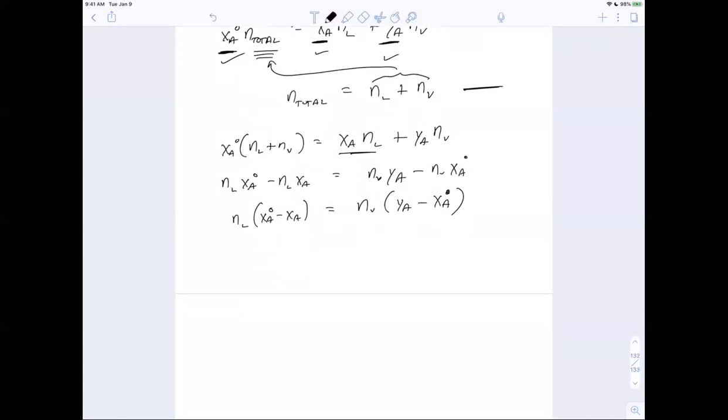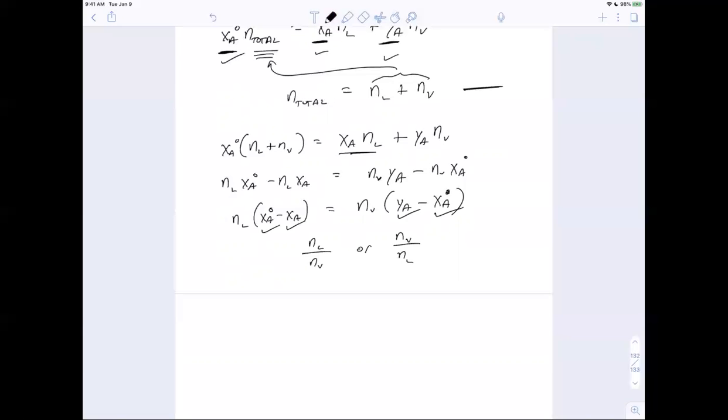And so now we can choose to either get N sub L over N sub V, or it doesn't really matter, N sub V over N sub L. We can divide either side by one of the N's. So we can get a ratio of the moles of liquid to vapor. Okay, that's what this allows us to do. Again, this is known from the phase diagram, this is known from the phase diagram, and this is known as the initial composition.